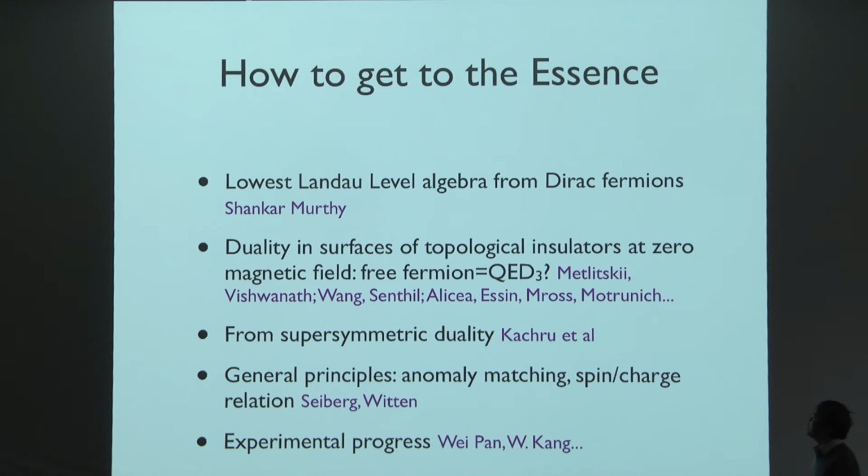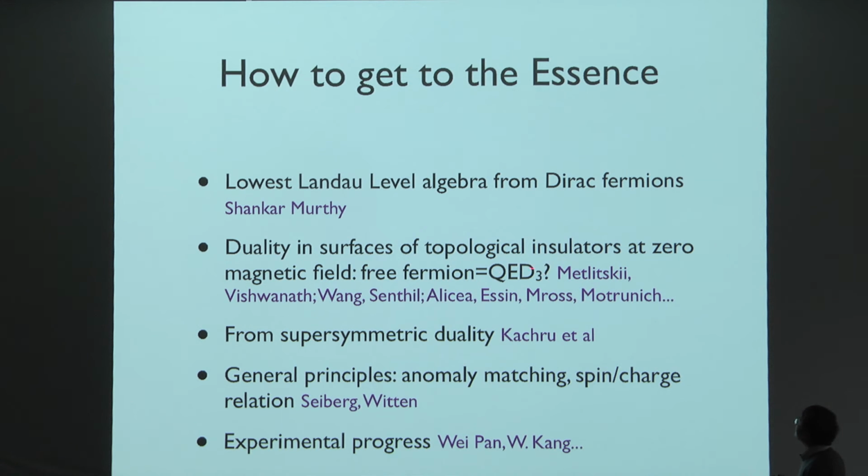Another very active topic of research right now is the duality on the surface of a topological insulator at 0 magnetic field. This is related to the physics of the zeroth Landau level. In particular, in the external magnetic field, you can argue that there must exist a state on the surface of the topological insulator similar to the fractional quantum Hall state.